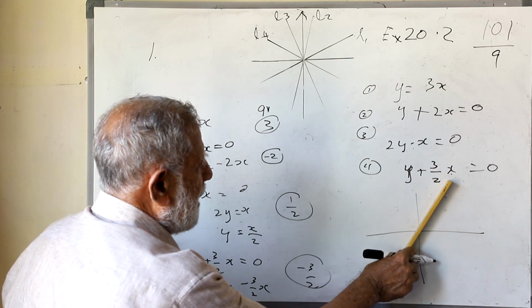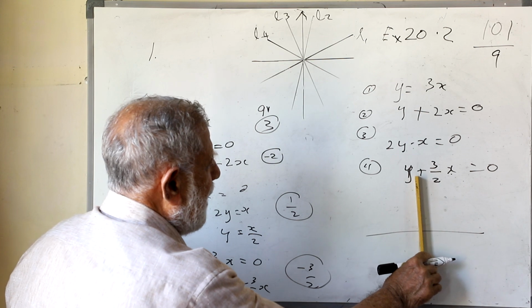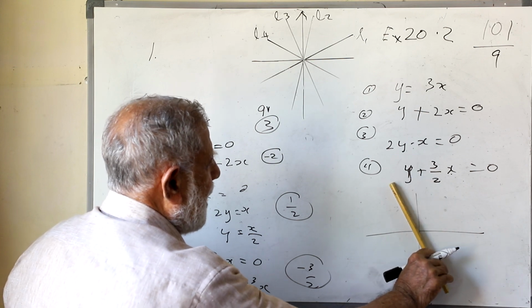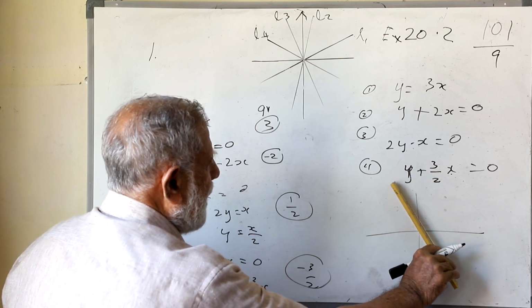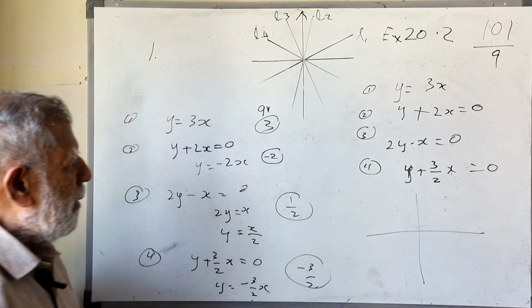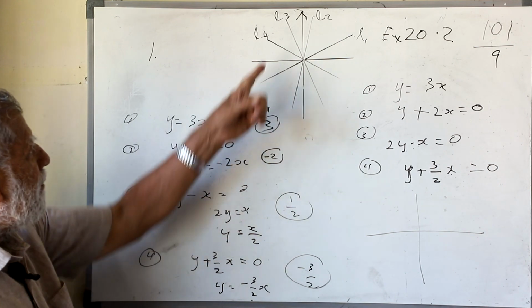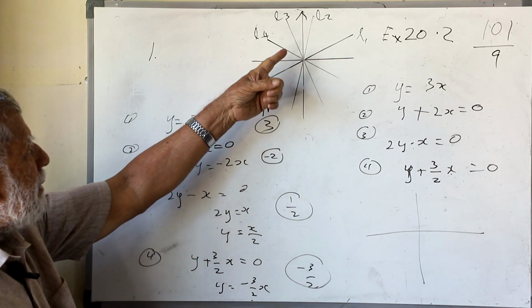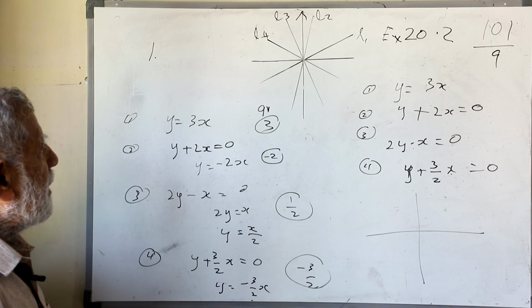Then after the infinite gradient it comes as negative. So here the gradients are negative, here highly negative, here less negative. From that rule we can easily find out which equation goes to which line.